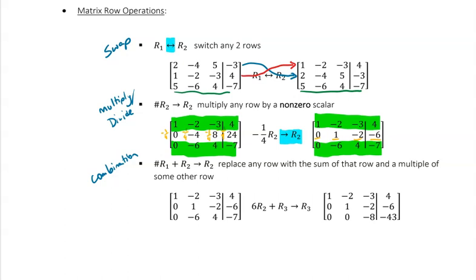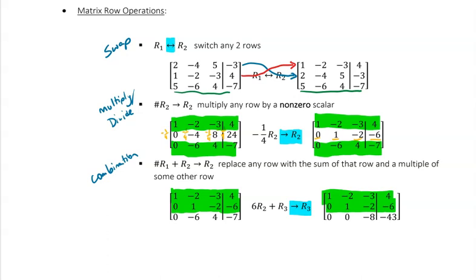If we have our matrix on the left, then 6 row 2 plus row 3 replaces row 3 as the actual operation that we're going to try to do. Now, remember, the replaces row 3 just tells us where we are going to put our answer. So before we even do any kind of operation, just keep in mind row 1, row 2 are staying the exact same. We do not change them at all.